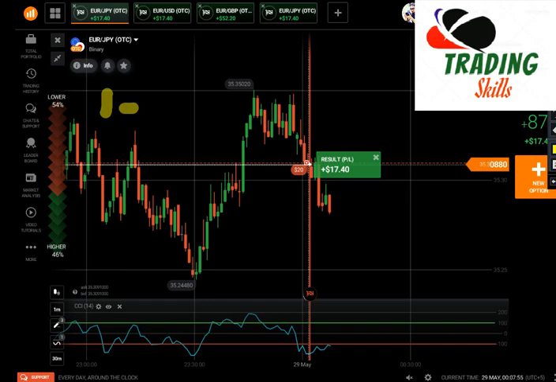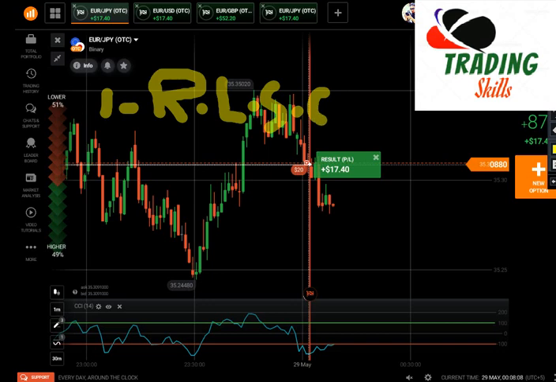So the first one is real level, strong continuation candle. Okay, strong continuation candle. So this will be the first.